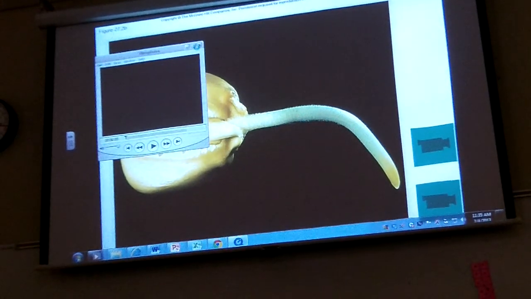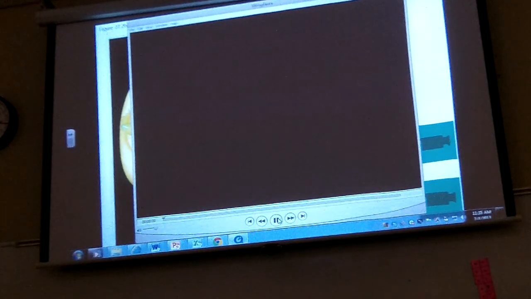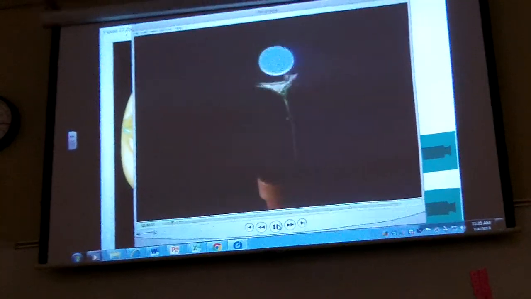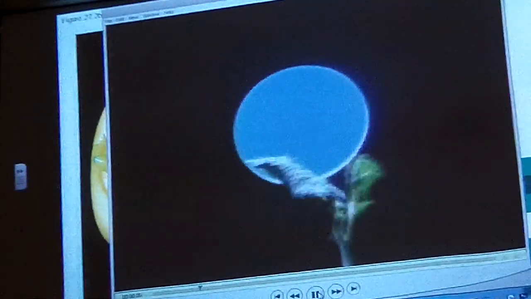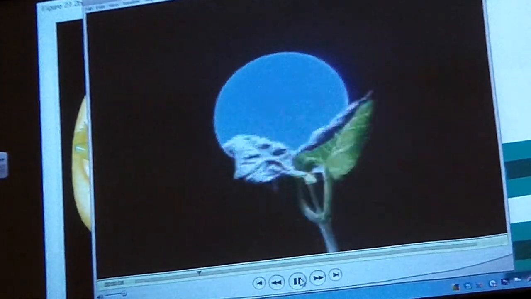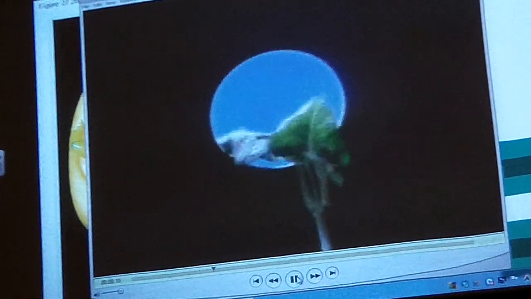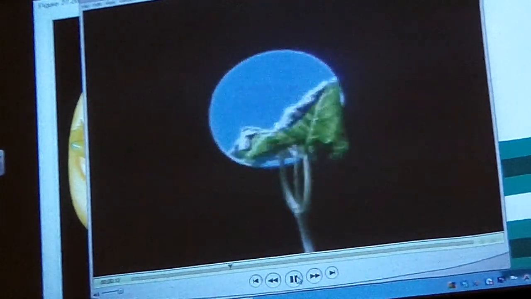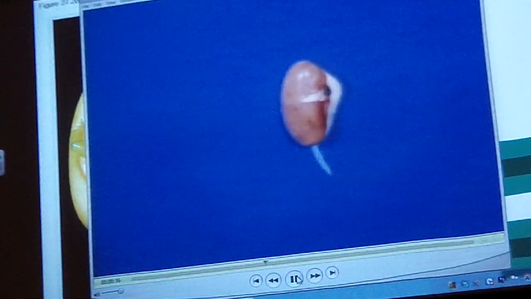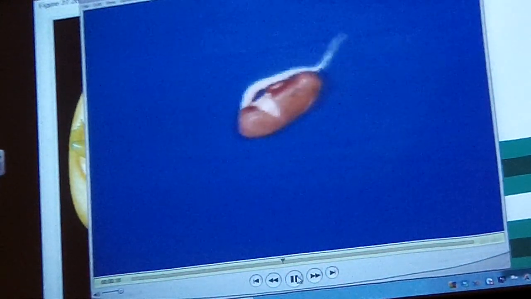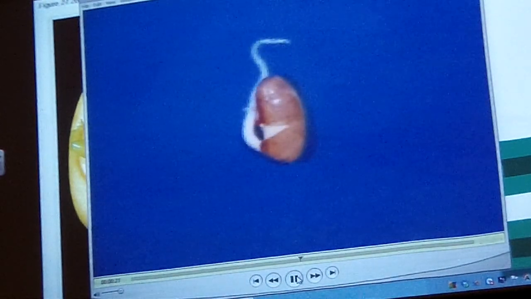Here's some cool video footage showing some plant movements. A main characteristic of living things is their ability to respond to a stimulus. Plant stems respond to light by growing toward its source. This is called phototropism. Plant roots respond to gravity. A simple experiment shows that roots always respond to gravity by growing down.